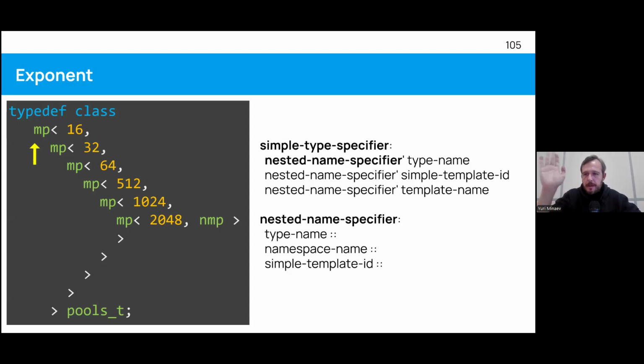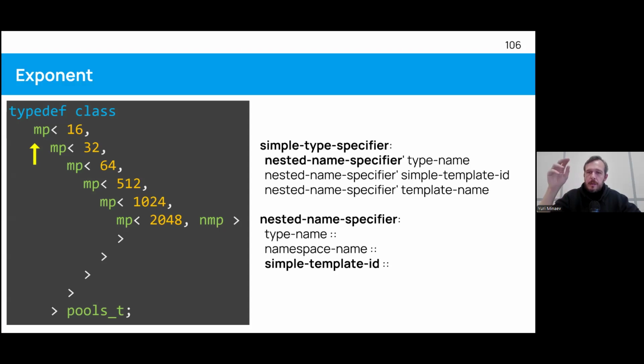Let's just believe that we are parsing a simple template ID. Okay. How do we parse a simple template ID? Well, it's a name of a class and then template arguments. We consume 16 here, no problem at all.